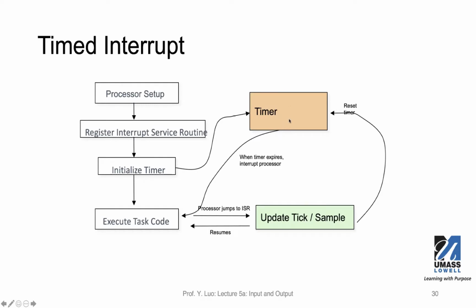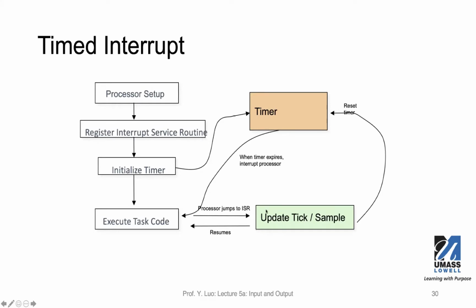When the timer expires, this interrupt will be triggered. Like any external interrupt, this timer interrupt is often internal, but it is treated the same way as the external interrupts. It will cause the normal execution of the main application to suspend. The microprocessor will jump to the interrupt service routine, which you registered here at the beginning.